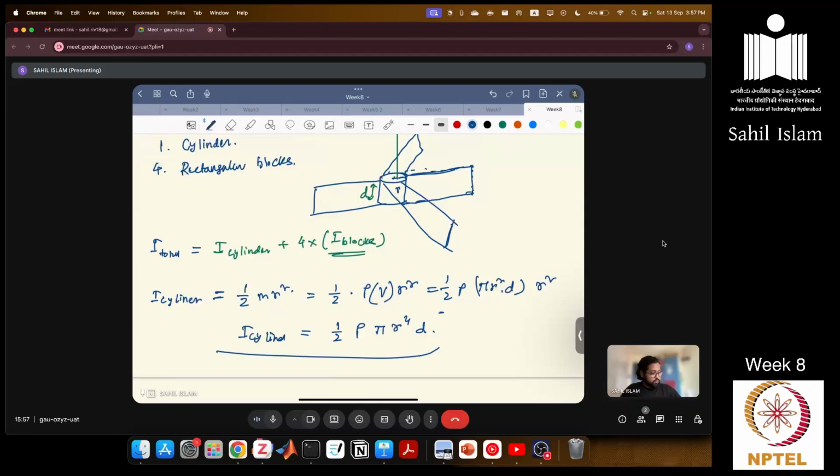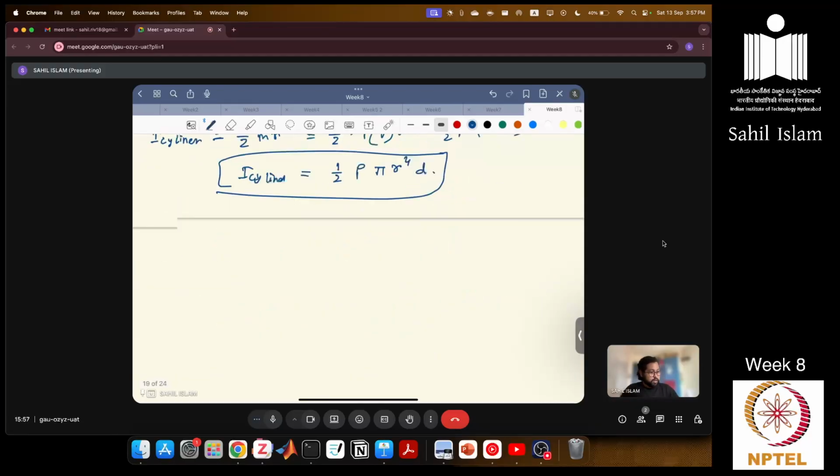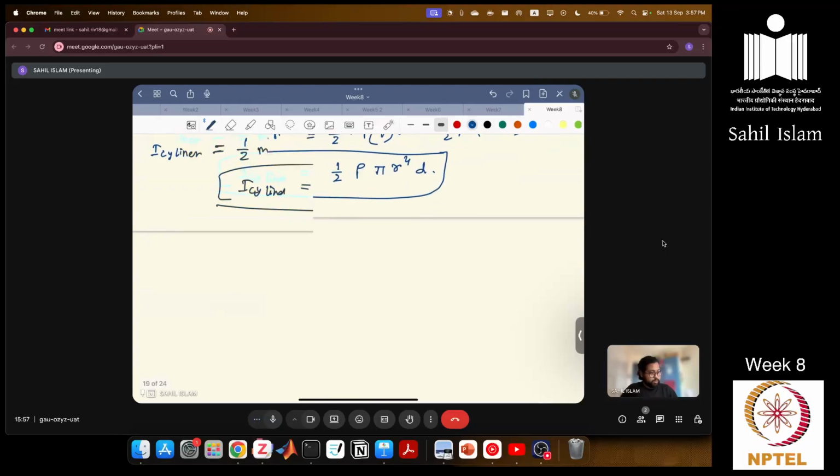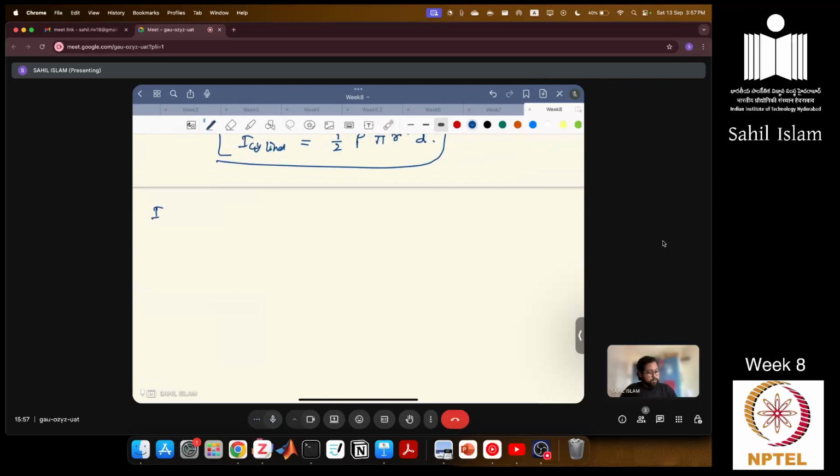Okay, so let's solve it. Now I block. For a rectangular block like this, if the axis passes through its own center of mass, the moment of inertia is 1 by 12 m L square, where L is the length.